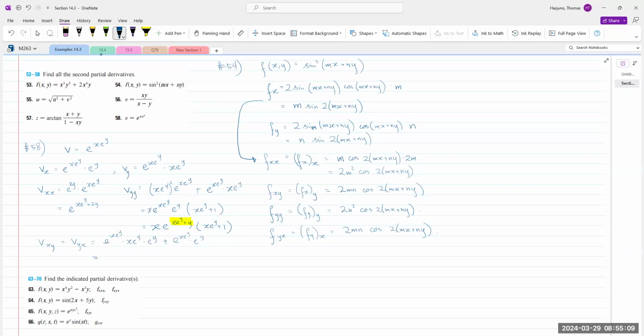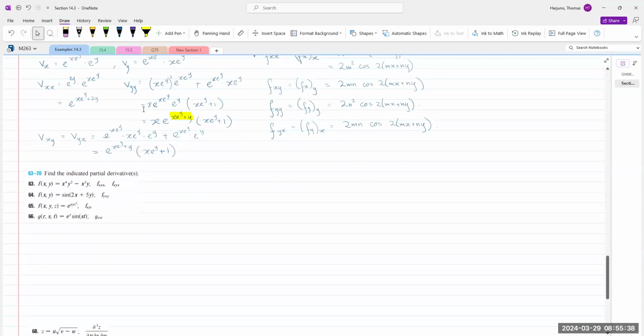Let me factor them out: x e to the x e to the y plus y times x e to the y plus 1. I hope I don't make a miscalculation though, seriously.